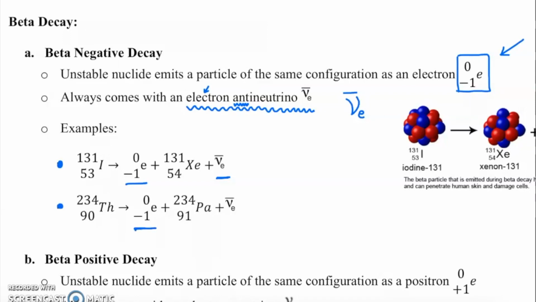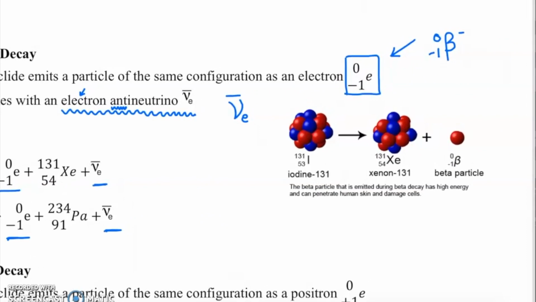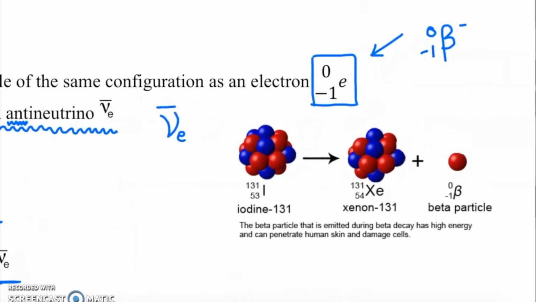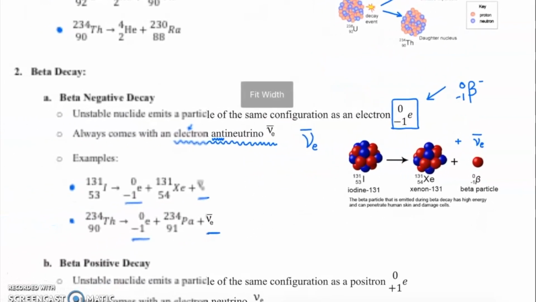Again, we see that beta negative particle, an electron, and the electron anti-neutrino. What this looks like is something like this. What they haven't shown here is that that anti-electron neutrino is also released. So this is beta negative decay.